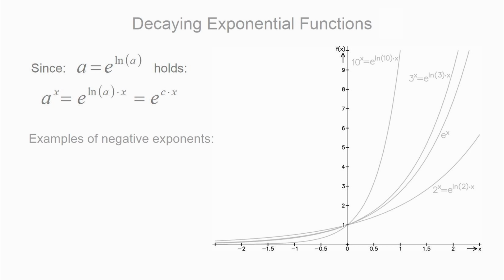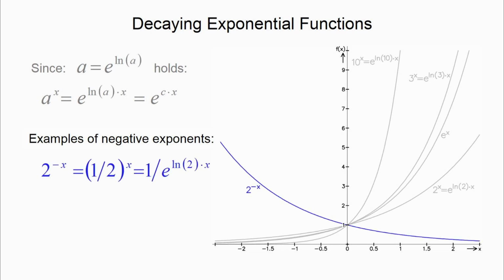Up to this point, only rising exponentials have been considered, the exponent of which is positive. When the value of the exponent becomes negative, the function will decay with advancing x. For instance, 2 to the negative x, which is equal to a half to the x, forms the mirror image of 2 to the positive x.